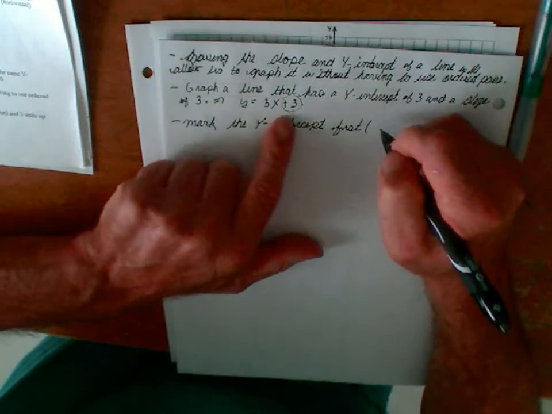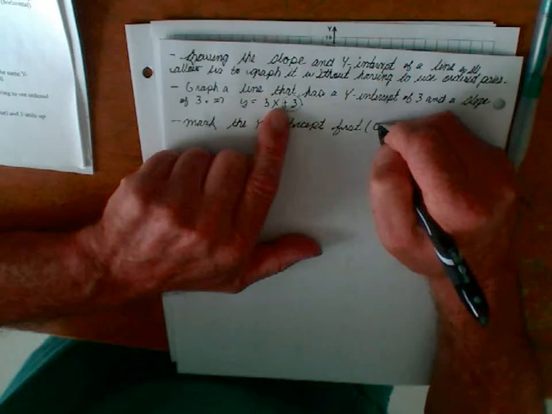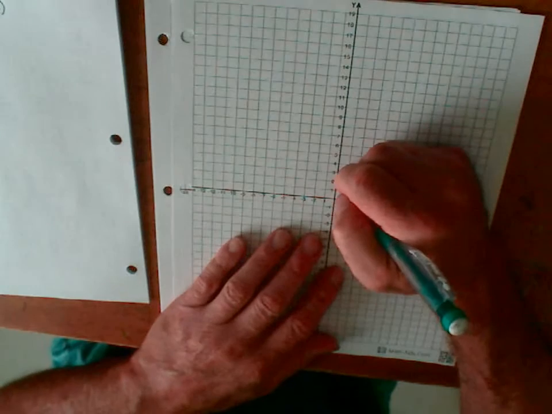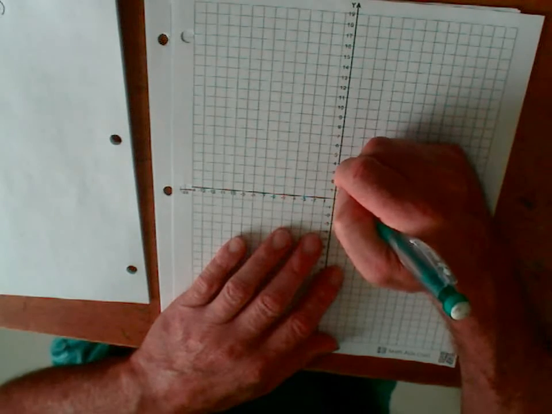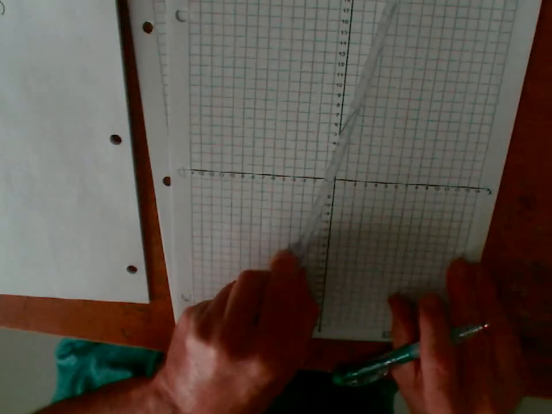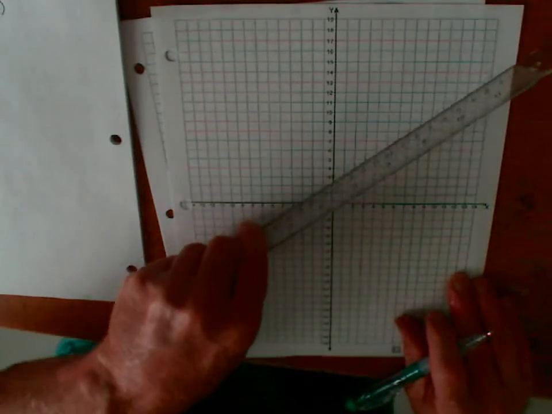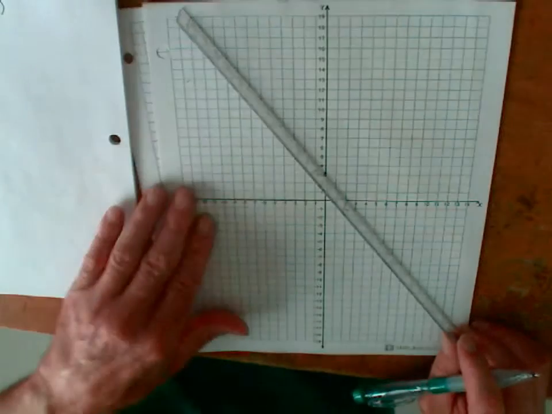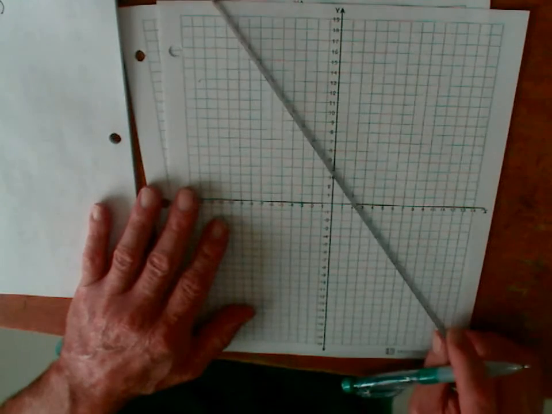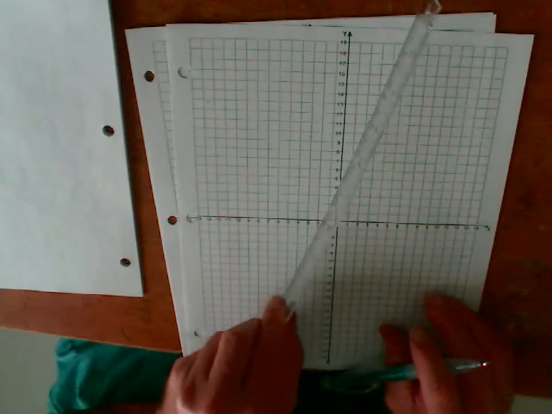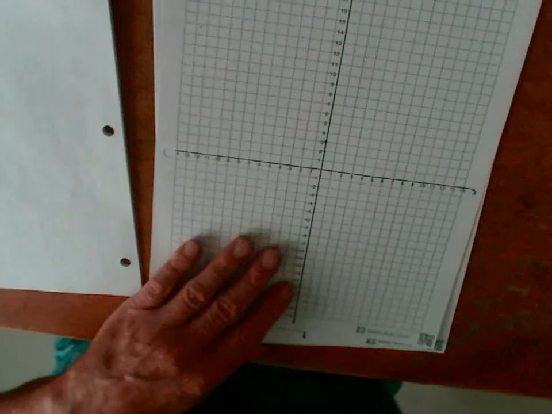Because there's no x, it is (0, 3). So 0, 1, 2, 3. We know the line is going to cross at a positive 3 somewhere, so it's going to go through that point, except we don't know how steep or shallow, or even the direction, because it could come in a negative way. Remember scatter plots? It could have a negative slope too. We'll talk more about that later. But we need to figure out how steep this thing is. Well, we're going to use the slope for that.